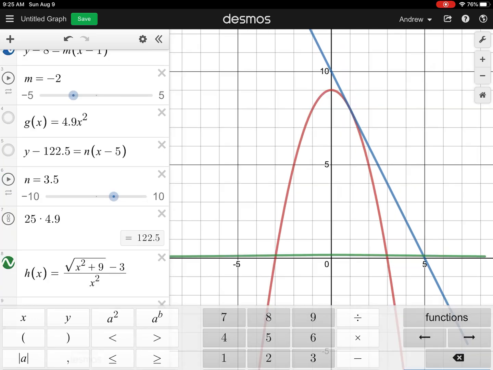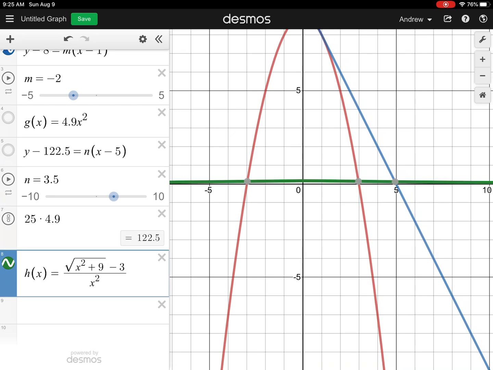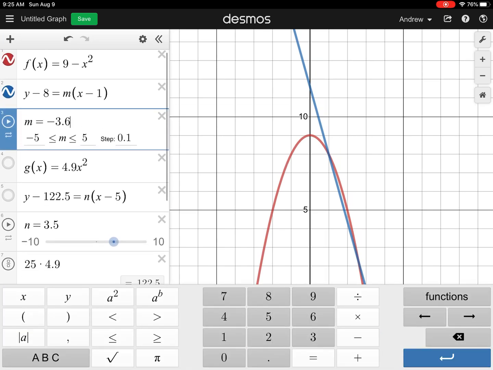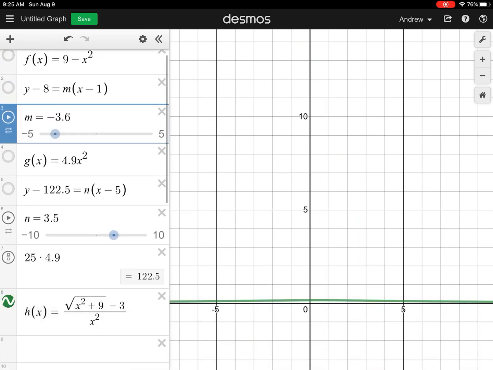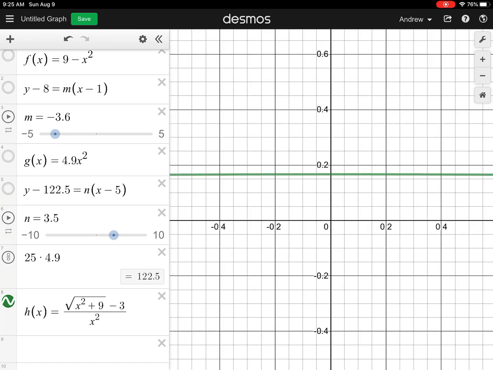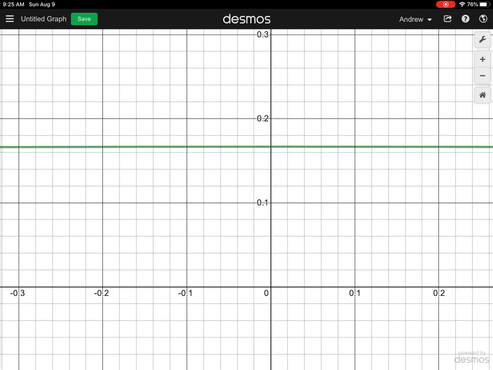Okay. So if I look at that graph, which is here, let me get rid of the other graphs. Okay. So we might want to zoom in a little bit.